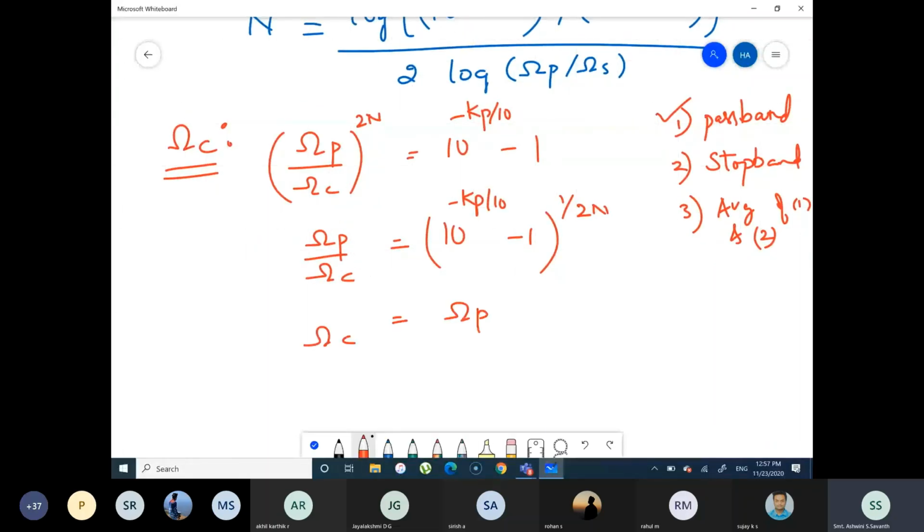It's omega p divided by 10 raised to the power minus kp by 10 minus 1, whole raised to the power 1 by 2n. We have used only omega p here, only the passband requirements, and then calculated omega c. Usually we do this unless otherwise specified. So this is the first option.